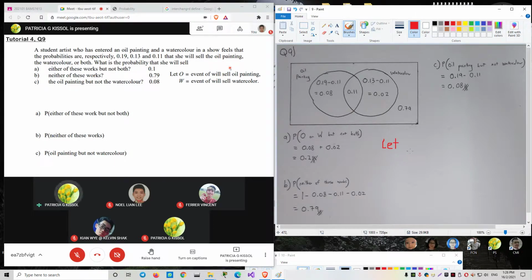So O and W would be our legend. Some of you might use a different legend, or write the full sentence of the event, which takes time. If you did not put the legend, there's nothing wrong with it, but it is advisable.